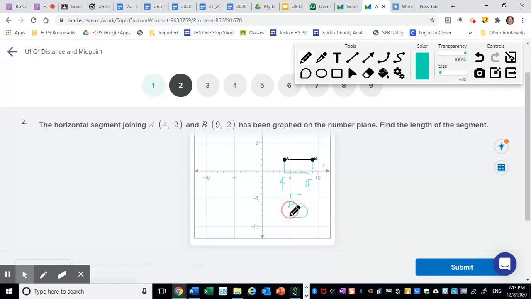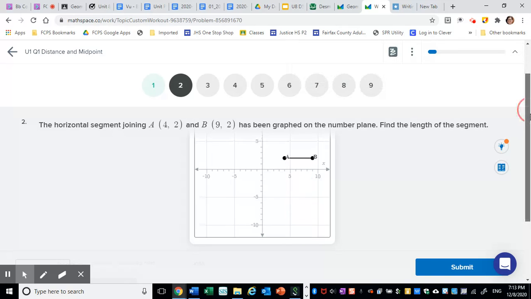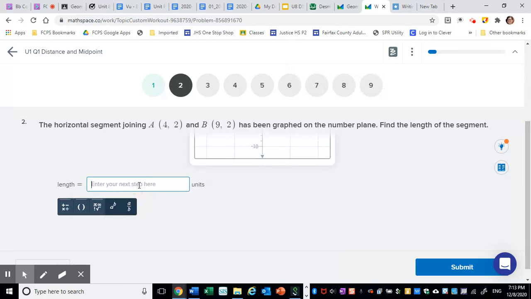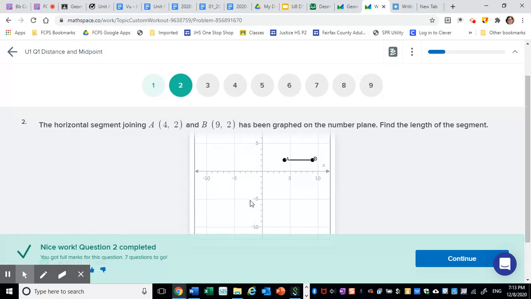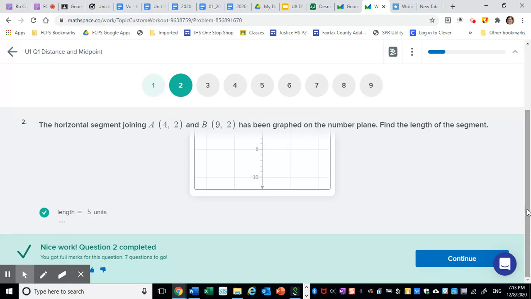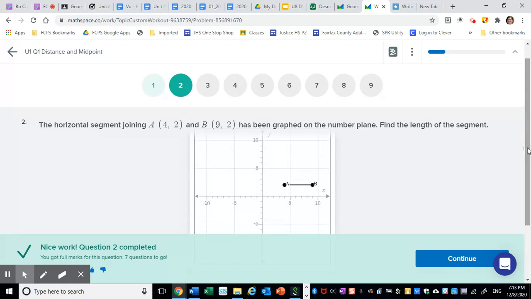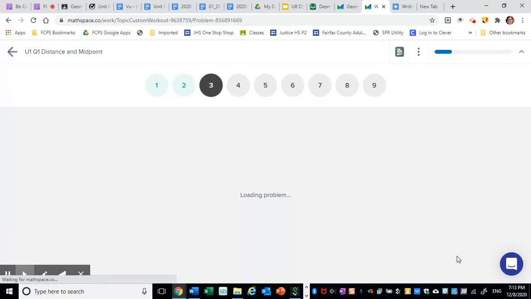So the length is 5, and then you submit. Depending on your question, you may have different points. I'm just showing you how to do it. Your answer may or may not be 5, so you have to check the coordinates of your A and B points.